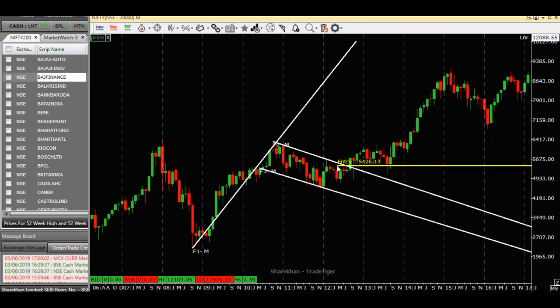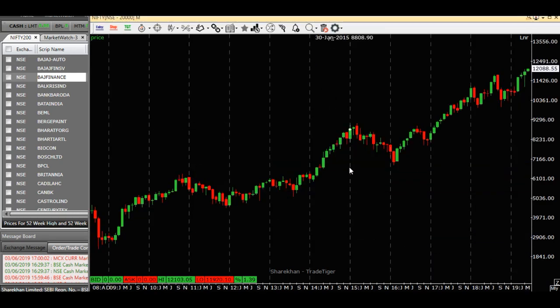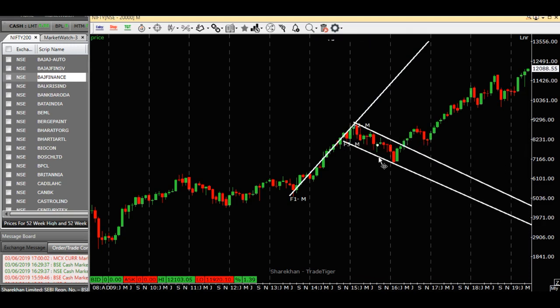That is my entry, and the targets are easily achieved. Here's another one. Nice impulsive, one-sided move, followed by a pullback and breakout, and the target is easily achieved.